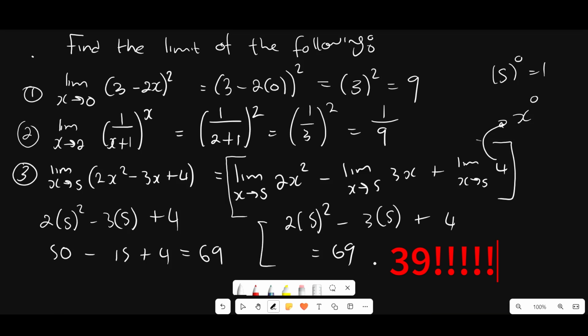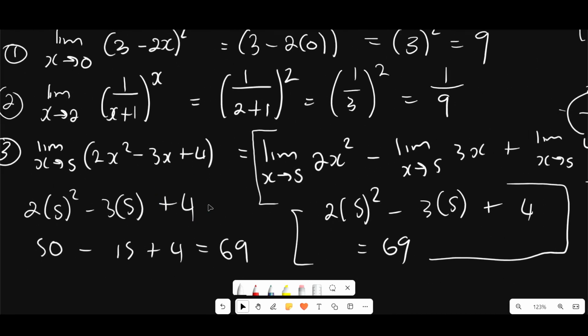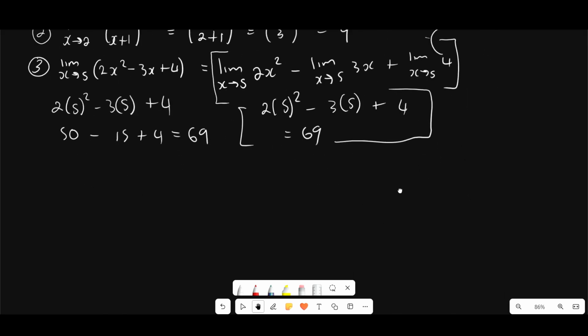So it doesn't matter which way you want to do it. You can do the direct substitution, or you can apply the laws of limits. It does not matter, but of course direct substitution is the easiest, so you can apply direct substitution. You do not have to show the whole step, right?